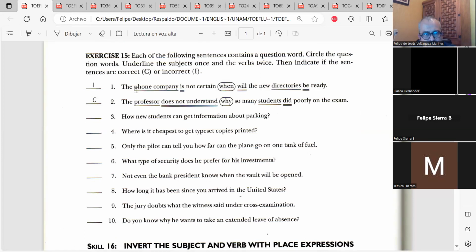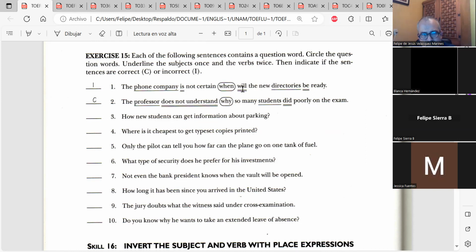For example, number one: the phone company is not certain when will the new directories be ready. We don't have a question mark. This is a linker of a subordinate clause, so I have to use linker, subject, the new directories, verb will be, and complement ready.